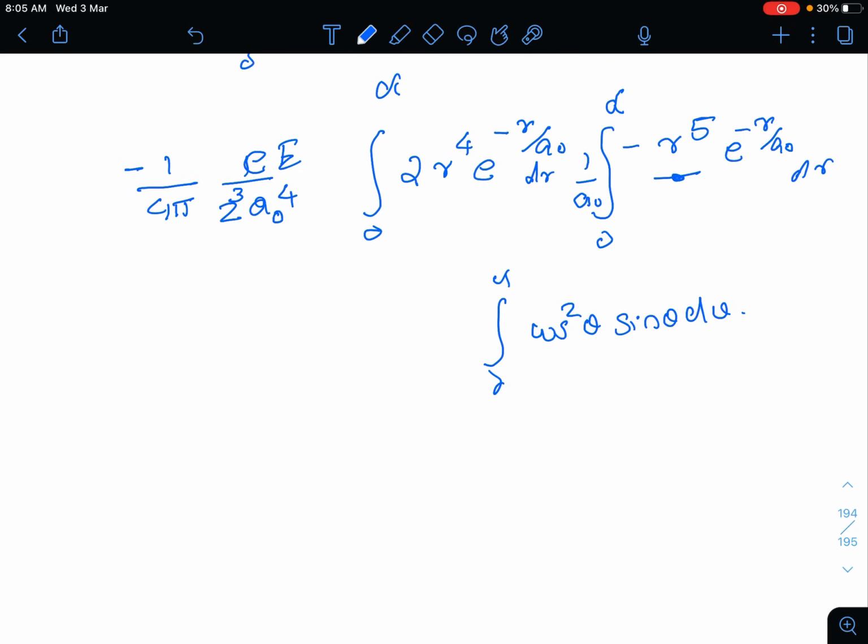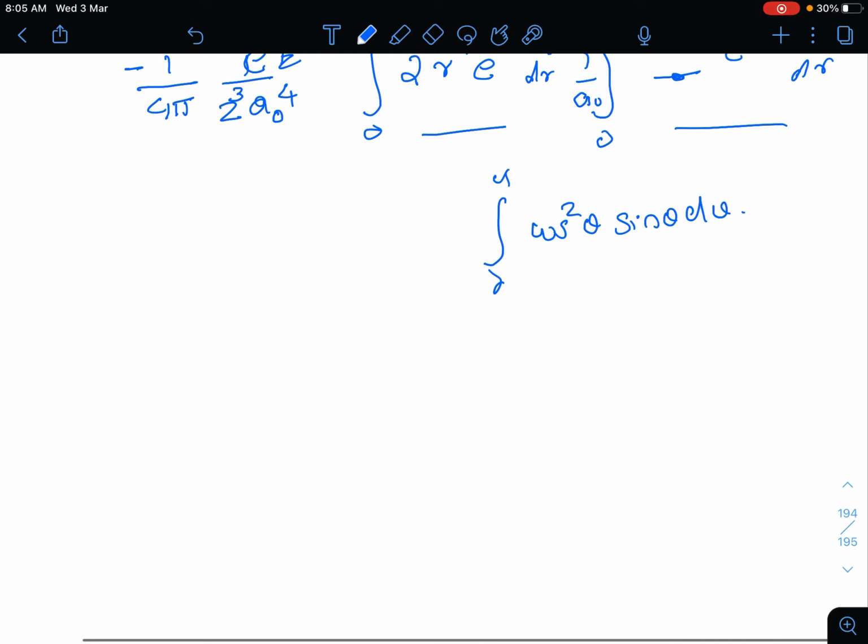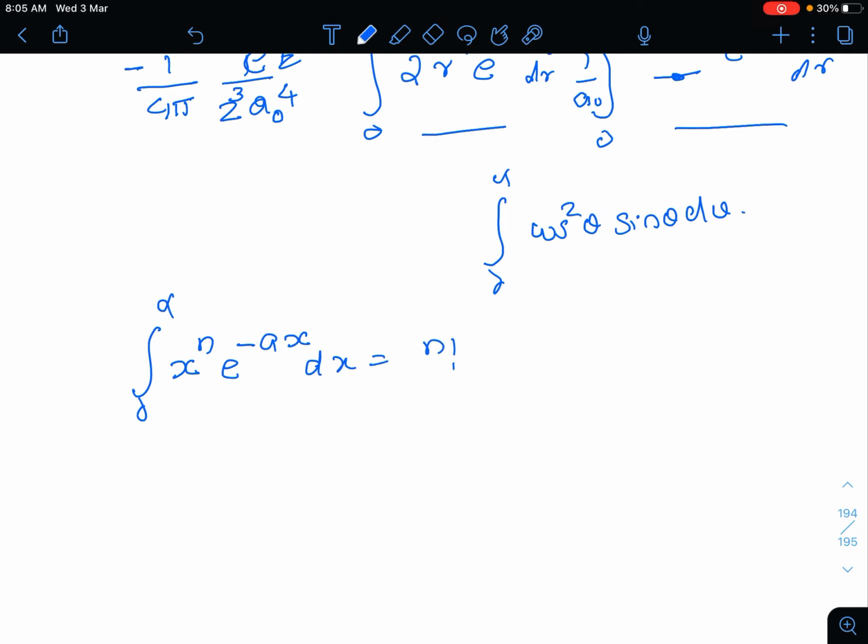Now, when you see this, you will understand that these are both gamma functions. So from the gamma function, we can very simply say integral 0 to infinity x raised to n e raised to minus ax dx is equal to n factorial divided by a raised to n plus 1.